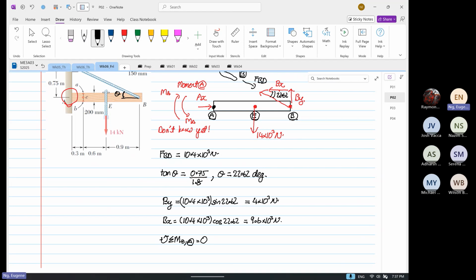Okay. So I'm going to assume now that the moment is going to go anti-clockwise. Okay, I'm going to assume this one.